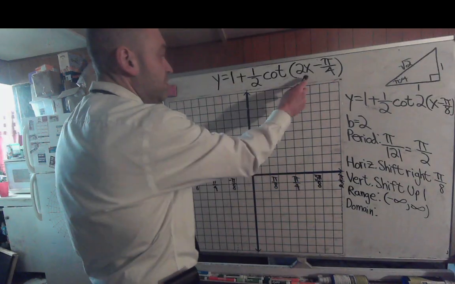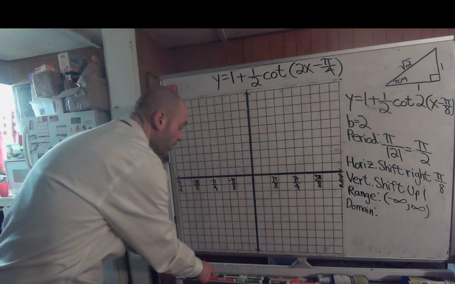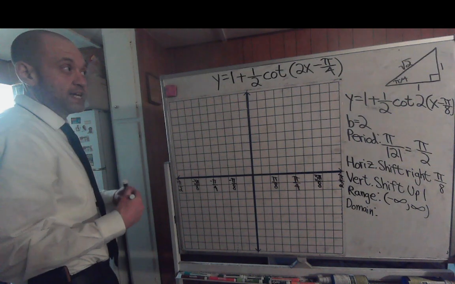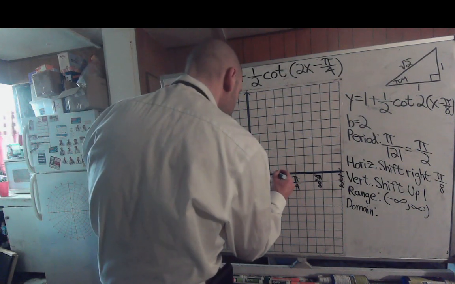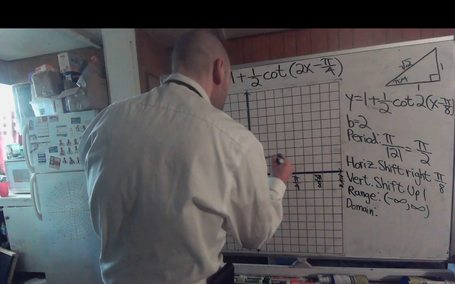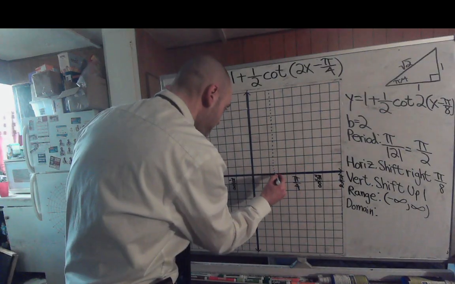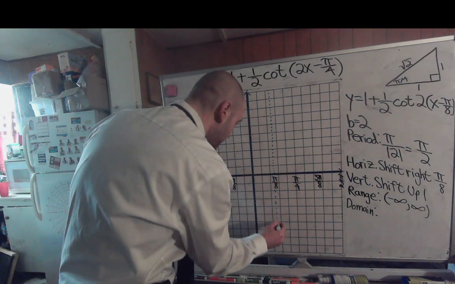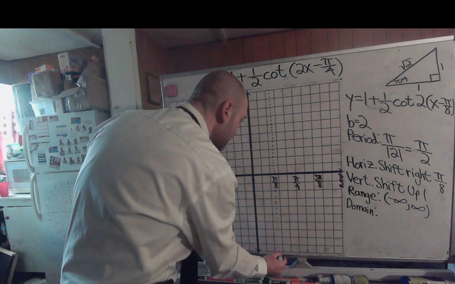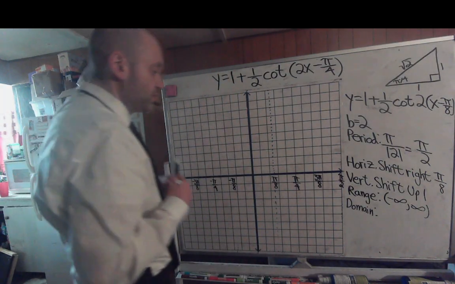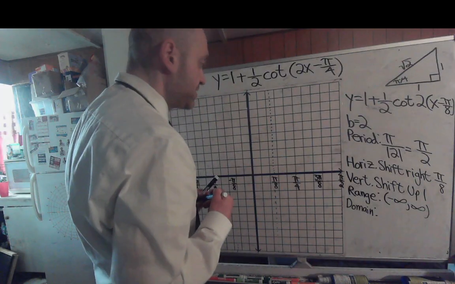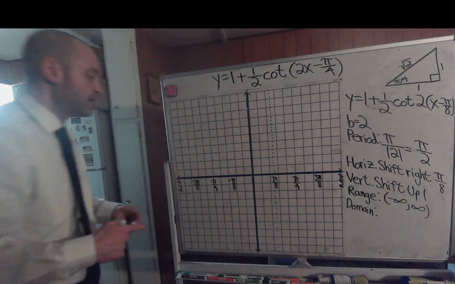That would give me pi over 4 minus pi over 4, which would be the cotangent of 0, which is undefined. So I'll actually have an asymptote at x equals pi over 8. Alright, so that means everything should be good from here on.